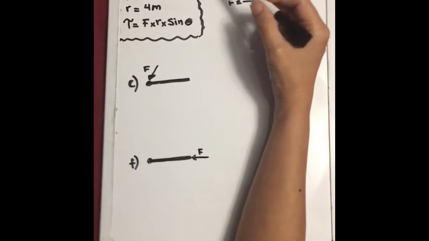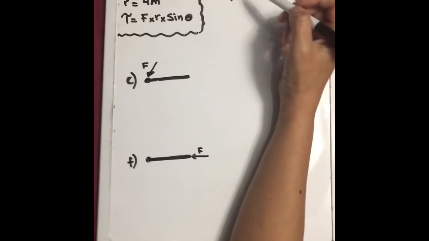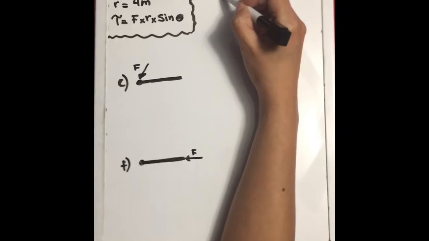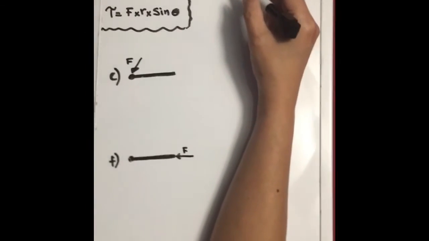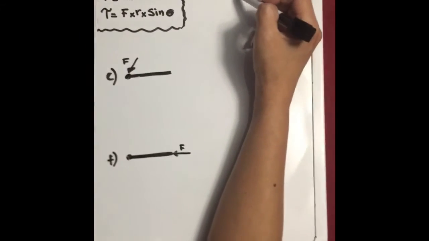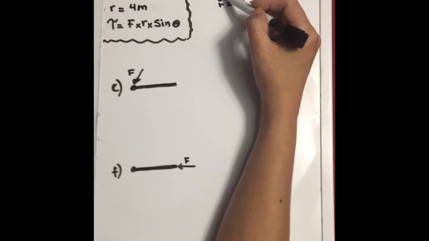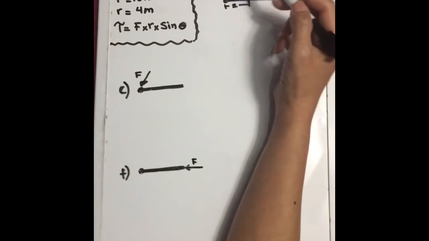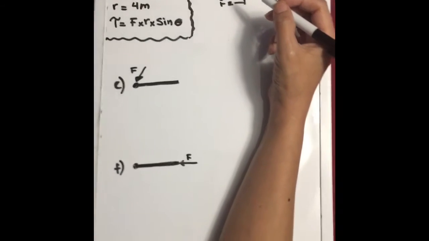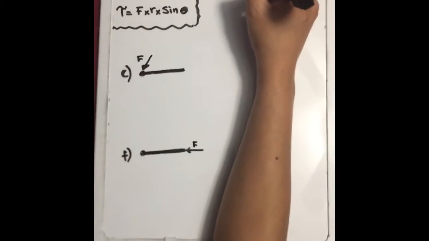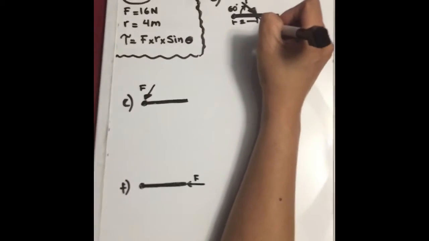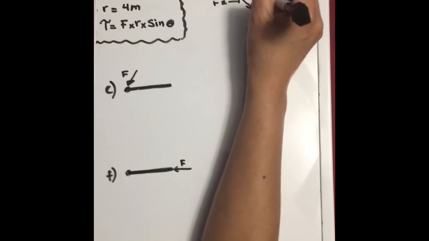Okay, now for part D of the same problem, we have this door. These are the hinges, this is the door, and the force is applied in the middle of the door at an angle of 60 degrees. So what we are going to do is translate the force over here, and this is the x-axis.